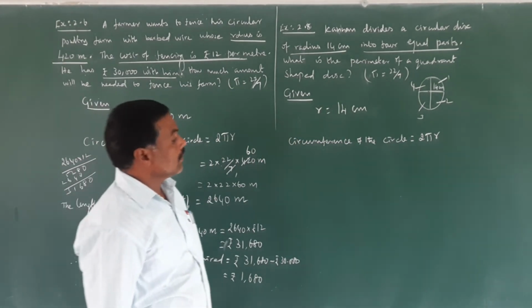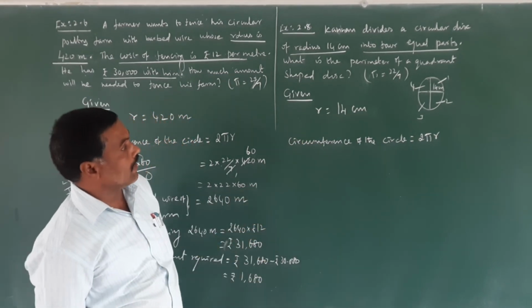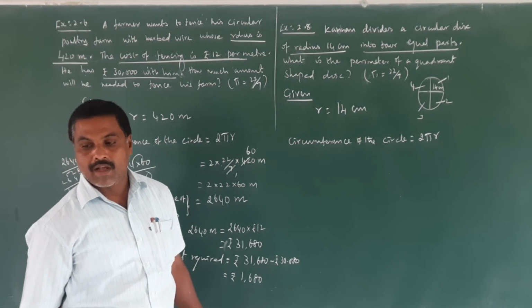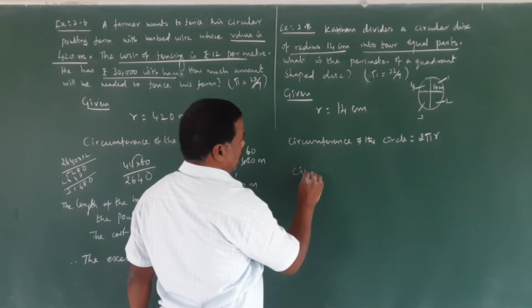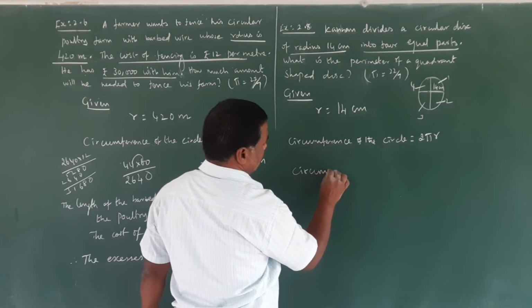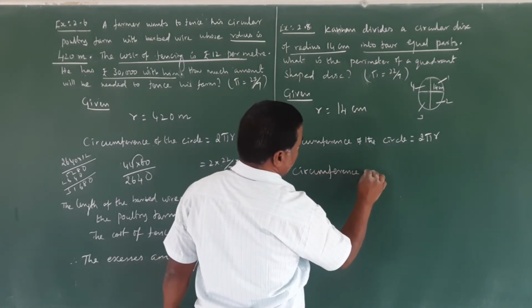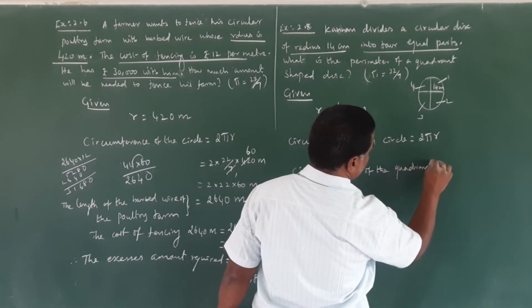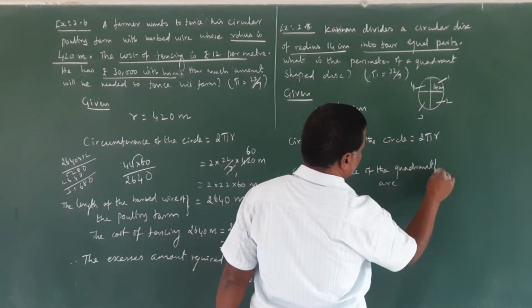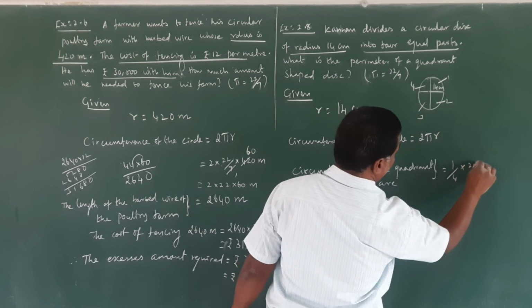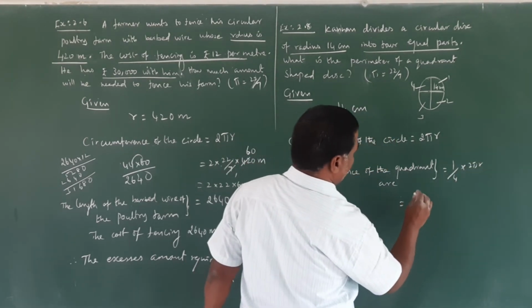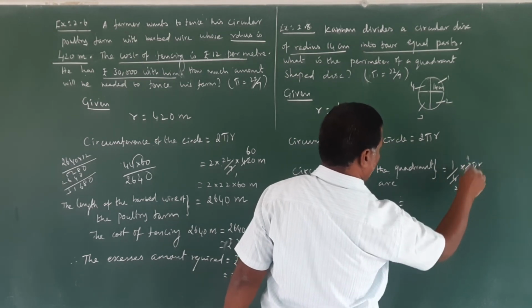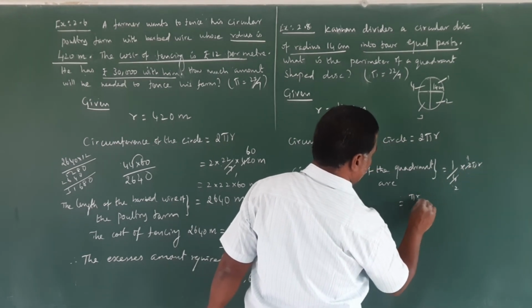Now the circumference of the quadrant is equal to 1 by 4 into 2πr. Now 1 2s are 2, 2 2s are 4. Now πr divided by 2. Substitute the value.